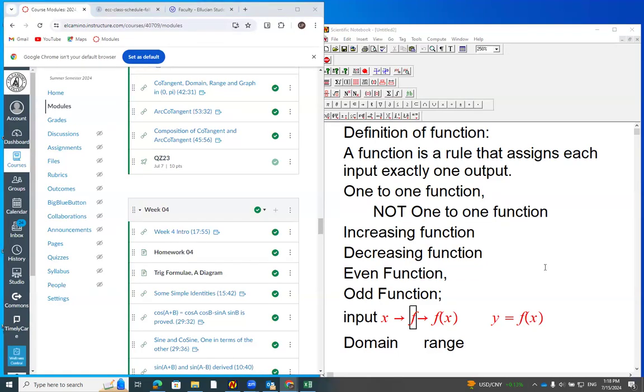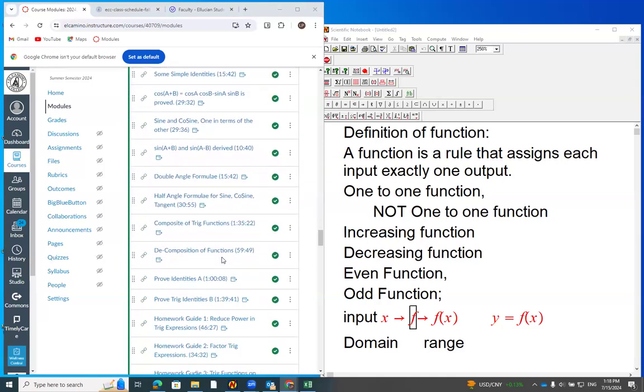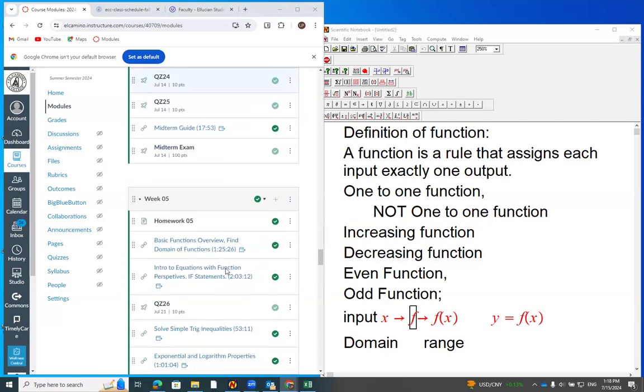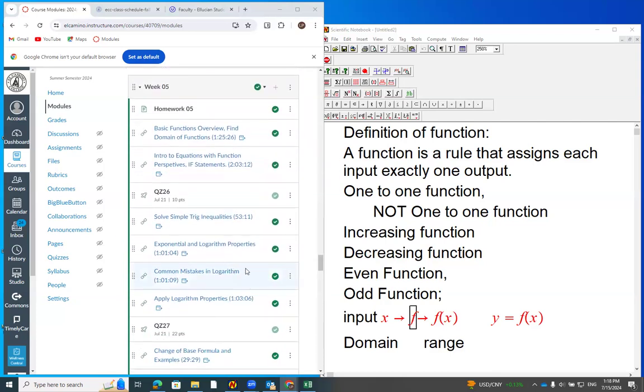So here I'm sharing these 2 screens with you, and week number 4, and I'm going to make the solution available to you. So let's look at week number 5. In week number 5, we're still focusing on those functions, but sometimes they take a slightly more complex form.